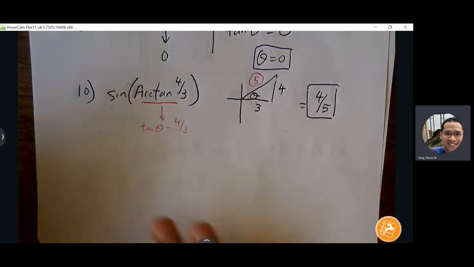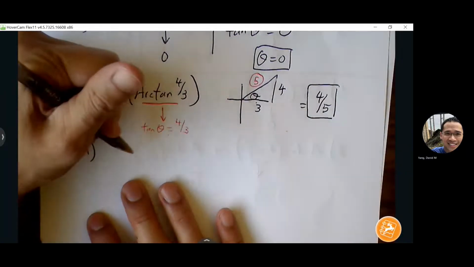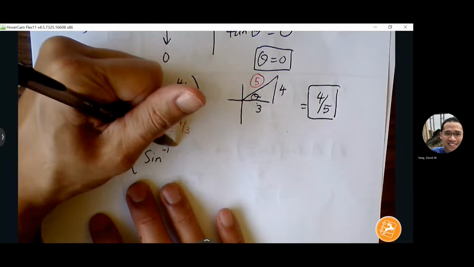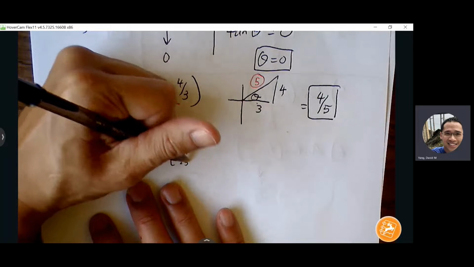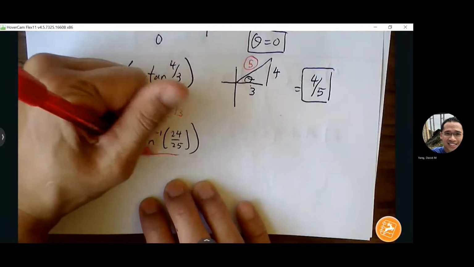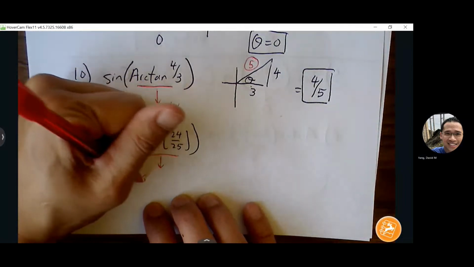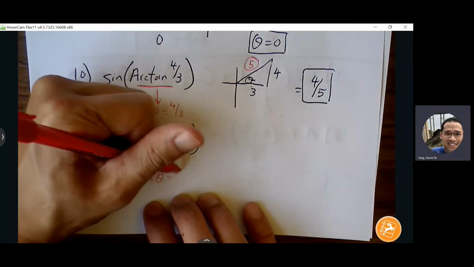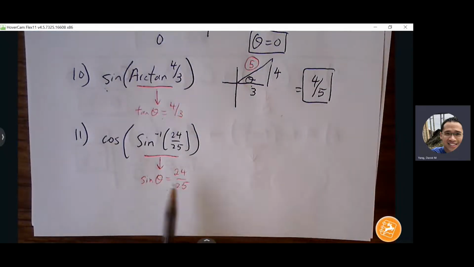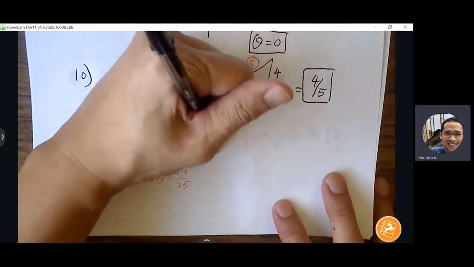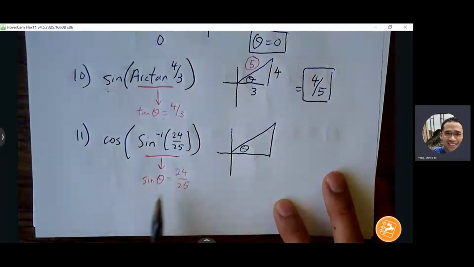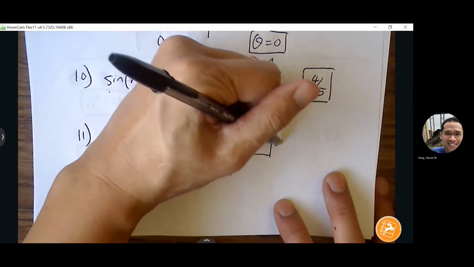All right, 11. Create a triangle. We know that sine of theta is equal to 24 over 25. Sine is positive, we know that's first quadrant. Opposite over hypotenuse.